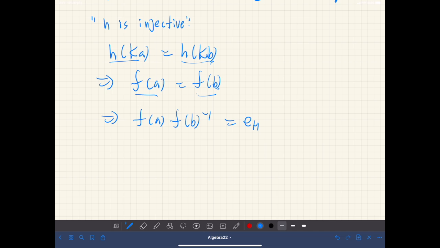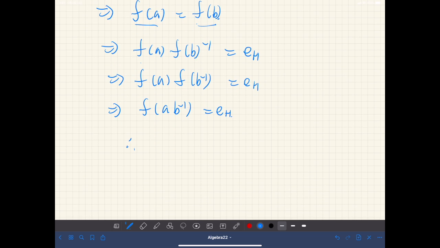But f is a homomorphism, so this means f(a)f(b) inverse is equal to e_H. And again, f is a homomorphism, so f of ab inverse is e_H. Therefore, ab inverse belongs to the kernel of f.